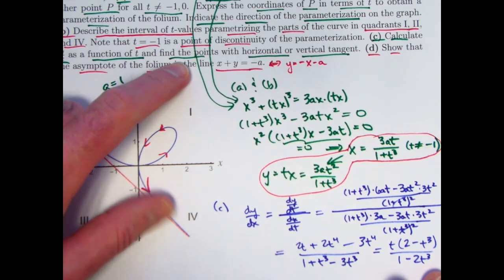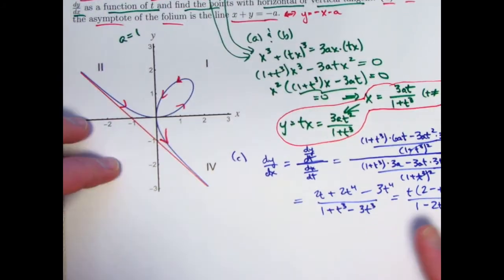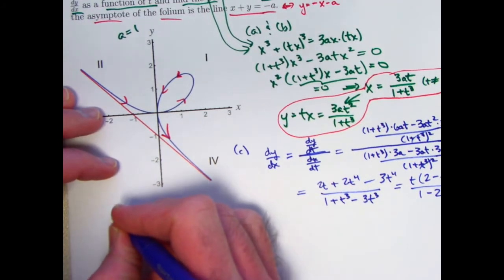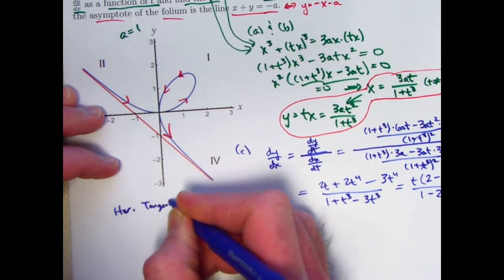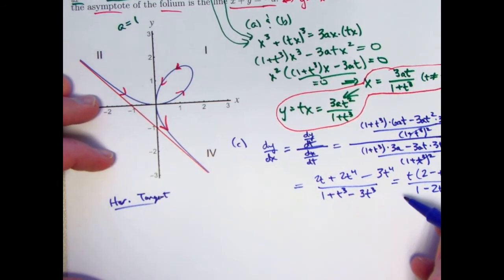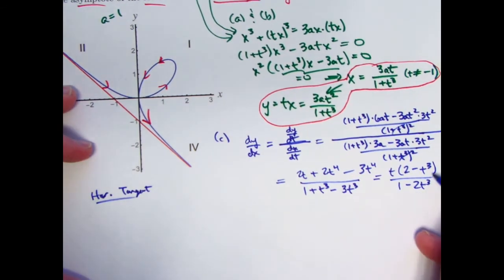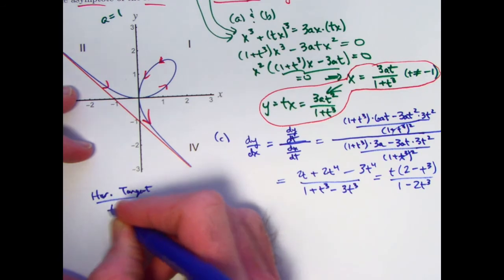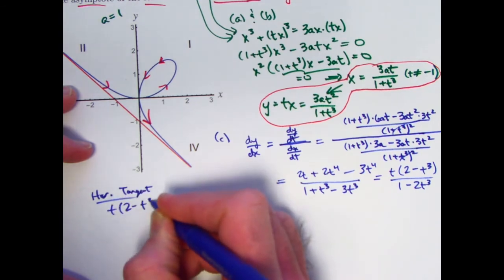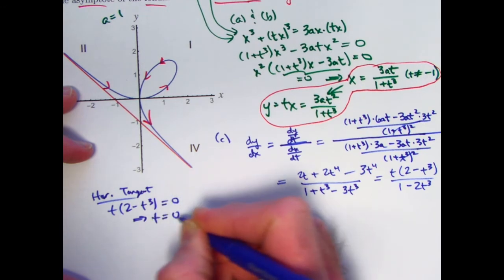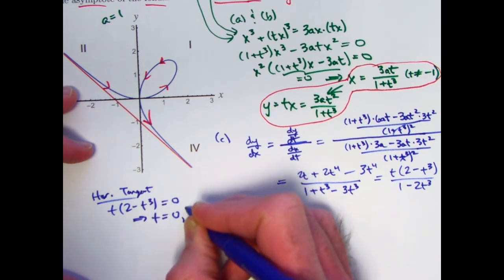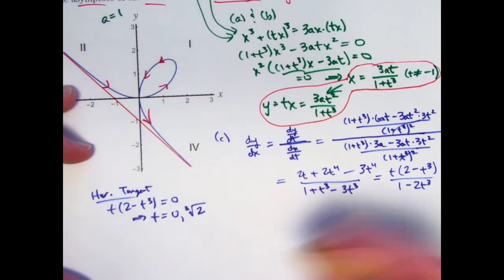But now we also want to find the points with horizontal or vertical tangents. We're going to have a horizontal tangent where the numerator of dy/dx is 0. We're making dy/dx itself 0. So t times 2 minus t cubed equals 0. t equals 0 or the cube root of 2.